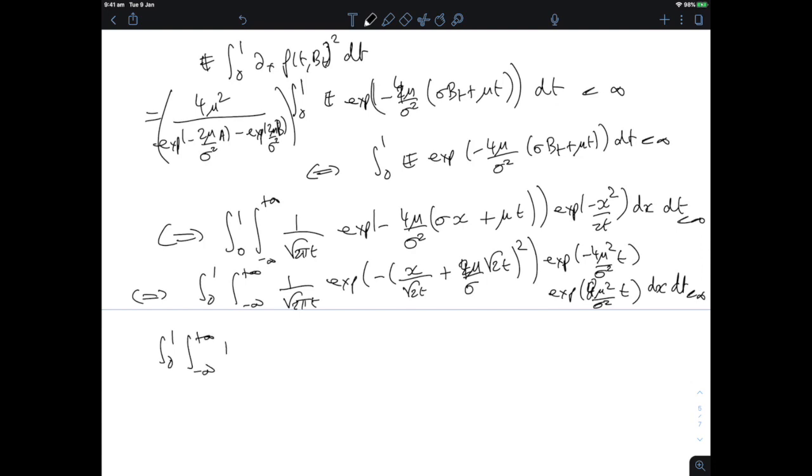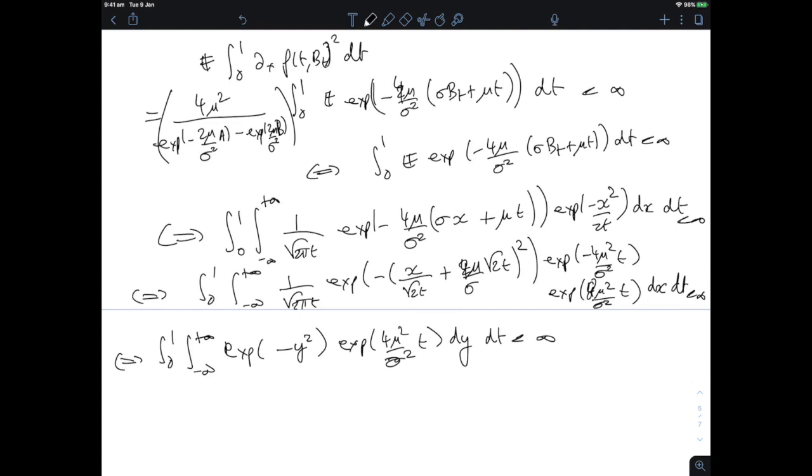Let's make a change of variable straight away: y equal to this entire thing. Then this is equivalent to exponential minus y squared, exponential plus 4 mu squared over sigma squared of t, dy dt being finite.